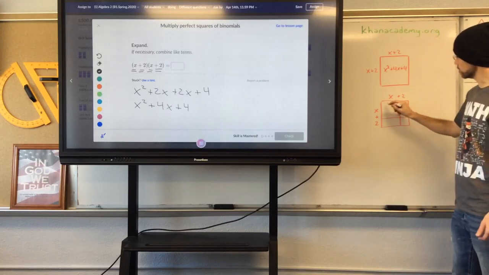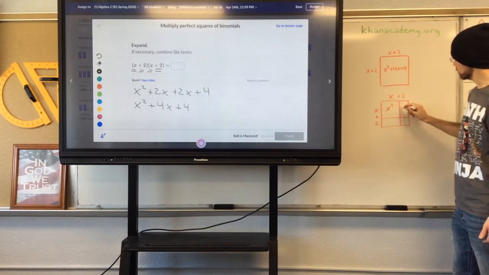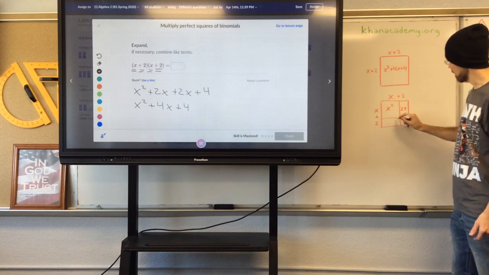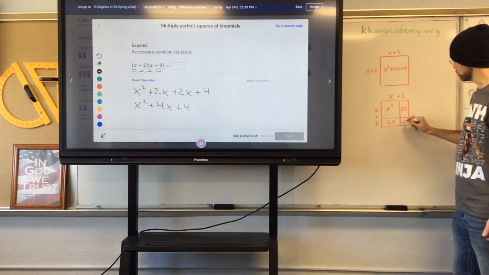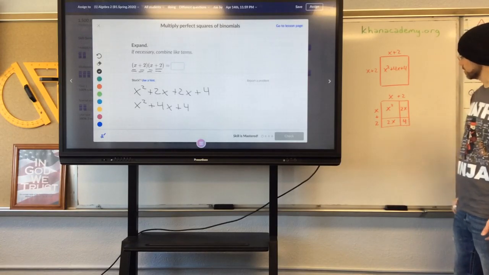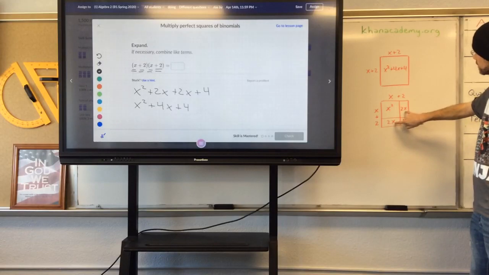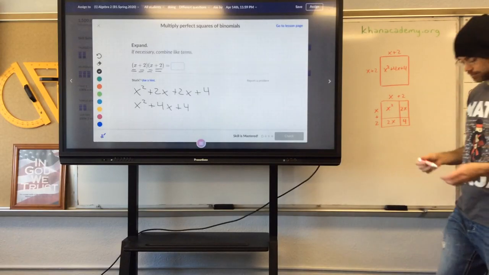So your x squared term is x times x here. You have 2 times x here and 2 times x here and 2 times 2 here. So x squared plus 4x's plus 4 is our total area.